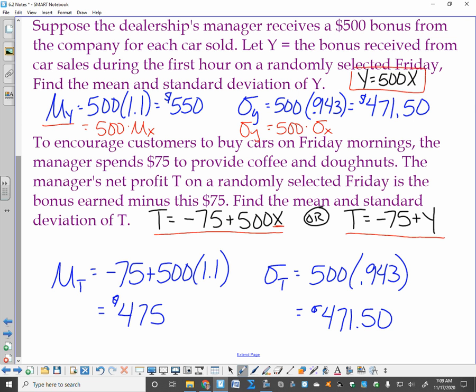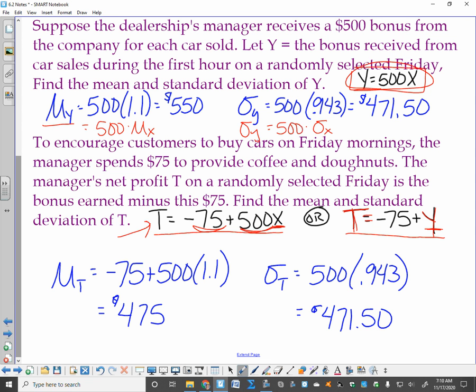X is the number of cars. So times 500 and then minus the 75. This is total profit. Now Y already includes the bonus. So this is the total profit based on the bonus, which is 500x.